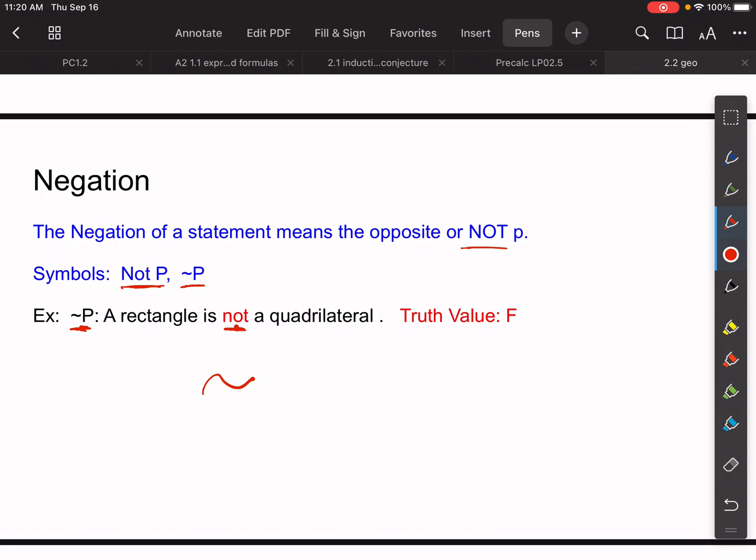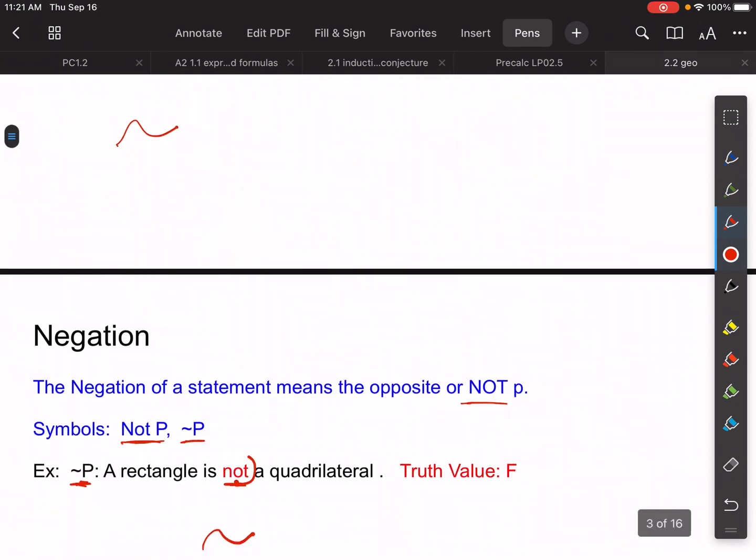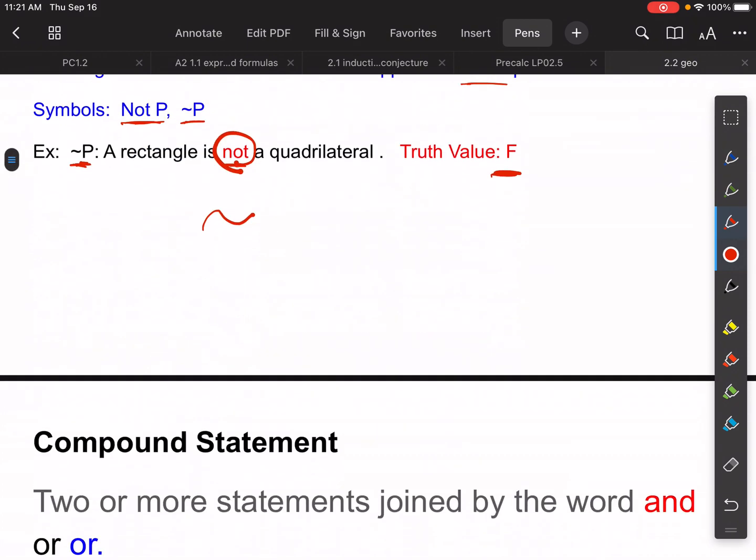Going back to the original P statement, we said a square is a quadrilateral. If we put this little sign in front of it, then we include this not. So a rectangle is not a quadrilateral. If we said not P in this case, that truth value is false, right? Because a rectangle is a quadrilateral. So that's called a negation.